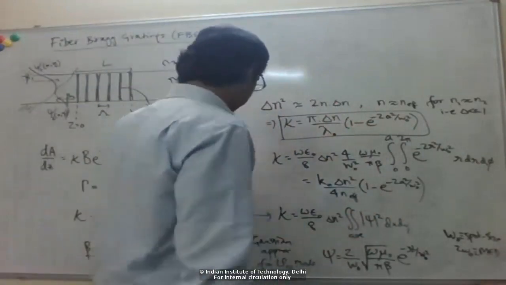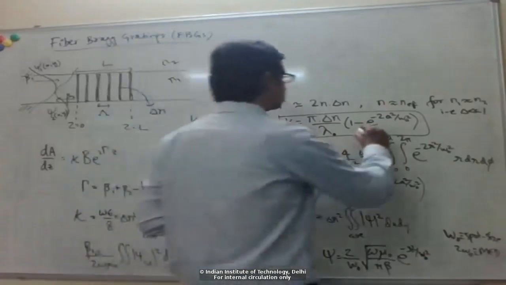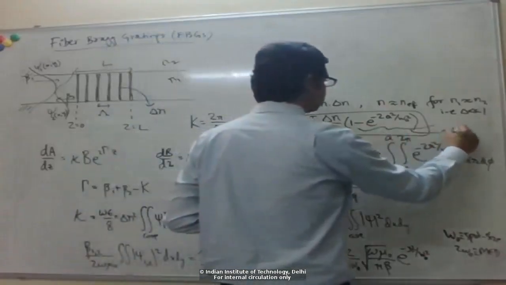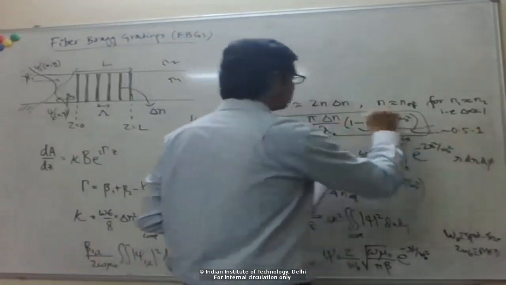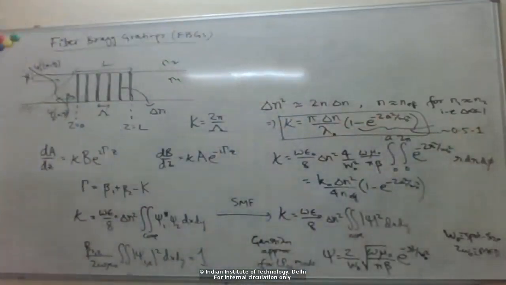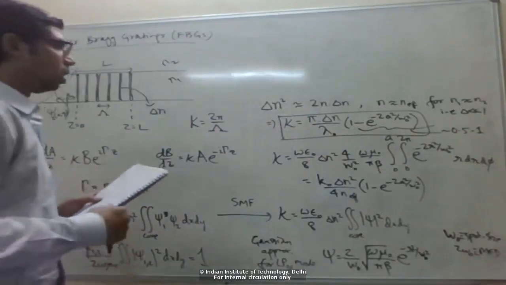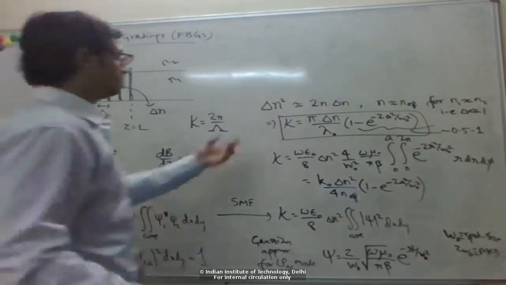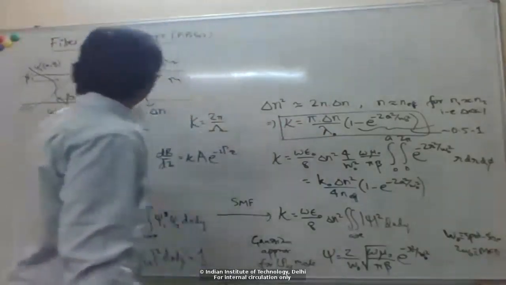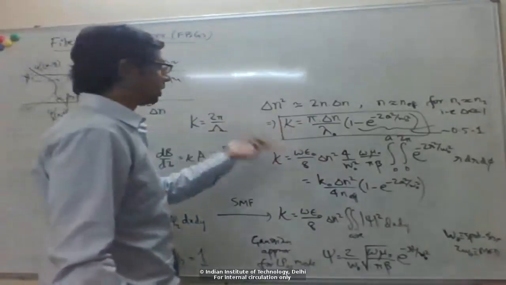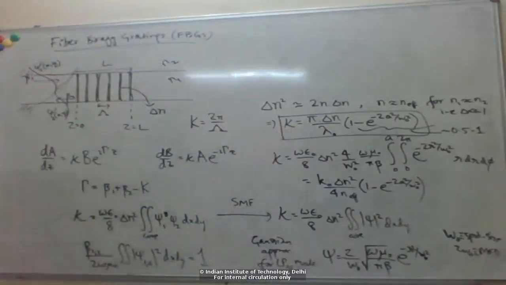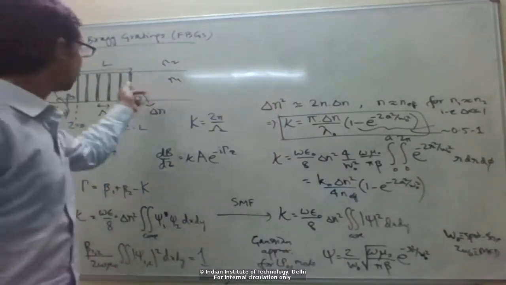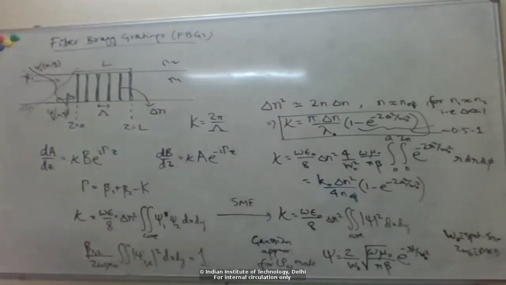Typically for single mode fibers, for the wavelength of operation, this will be somewhere between 0.5 to 1, the confinement factor. So you can see that if we get more index change here, then this coupling constant is higher. And also if the mode is more confined in the core, then the coupling coefficient is higher.